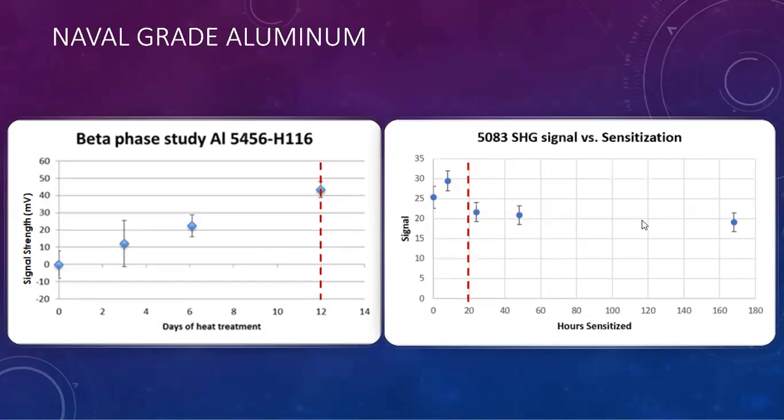Well, when we did it with our own samples, it was not as promising of a trend, but we did go way past what they had seen. So we didn't go as in detail in this smaller area. And we also, if you've noticed, aluminum 5456 and aluminum 5083 are both naval grade aluminum. They have a slightly different magnesium content.